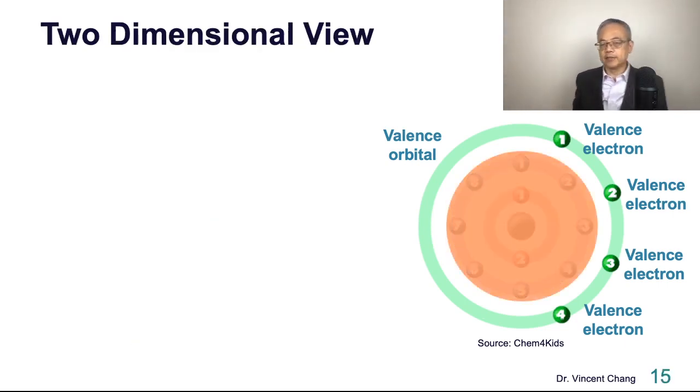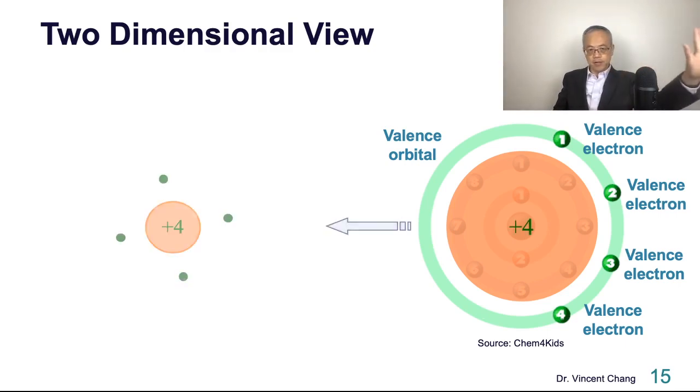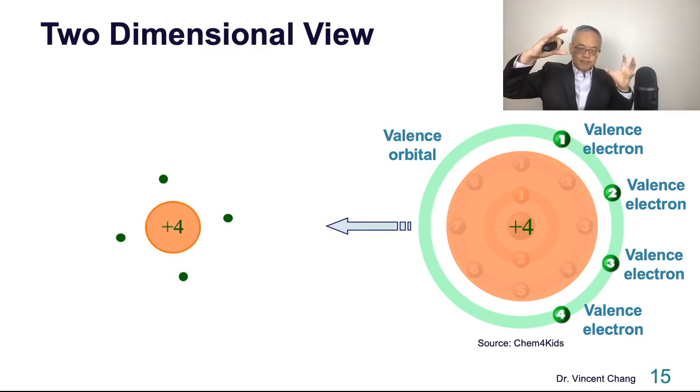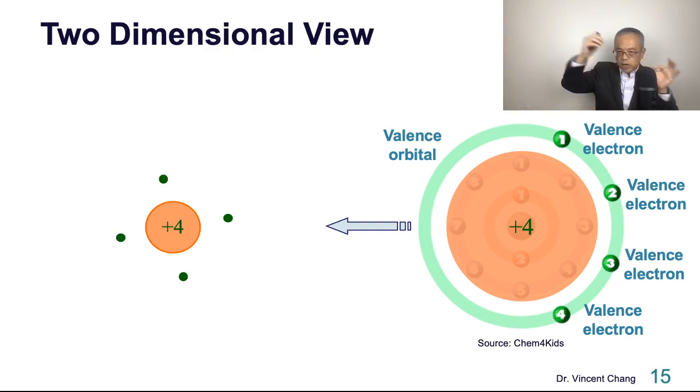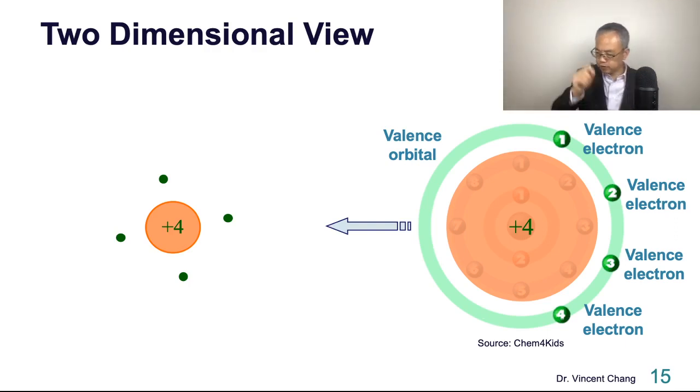Right? So now, let's try to expose the 4 valence electrons. And look at your left-hand side. If we pull out the 4 electrons, because the atom is neutral, each electron carries 1 negative fundamental electronic charge, right?